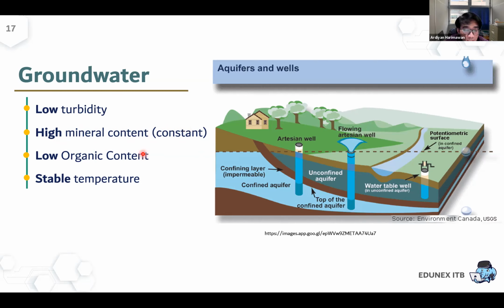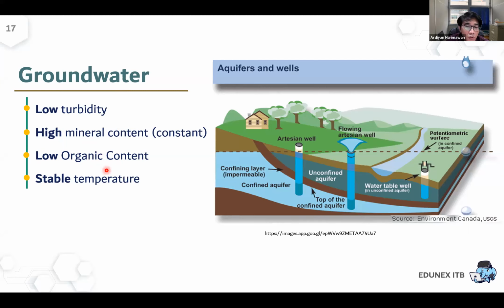How about the organic content? Same with the turbidity, normally it's low organic content. Ya, jadi kalau air tanah itu kandungan organiknya itu sedikit, karena ya tadi sudah terfilter oleh lapisan tanah. And normally it has a stable temperature.